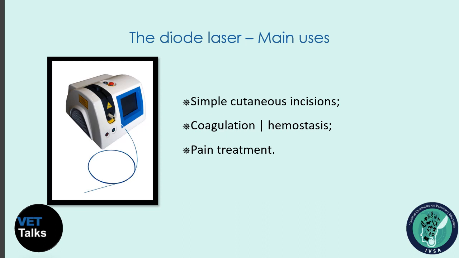However, this is not really well studied, so we need more studies in order to prove this theory of pain treatment. One of the great advantages of this kind of device is that we can use it in endoscopic devices, because the diode laser is an optical fiber, so it can cross through the working channel of an endoscopic device.